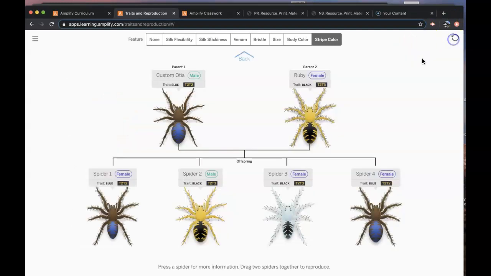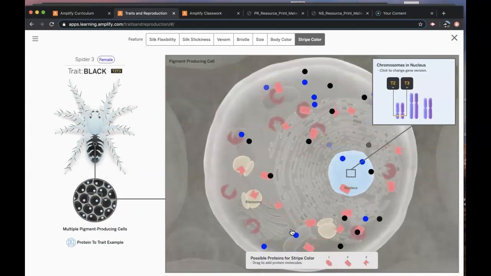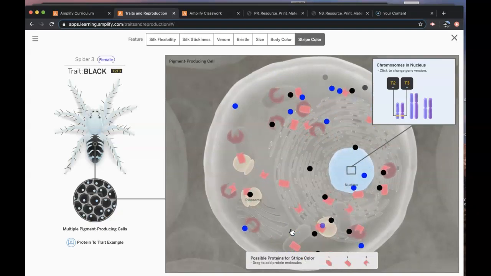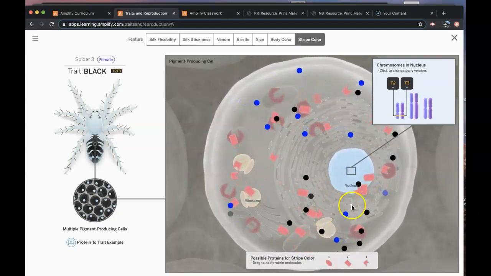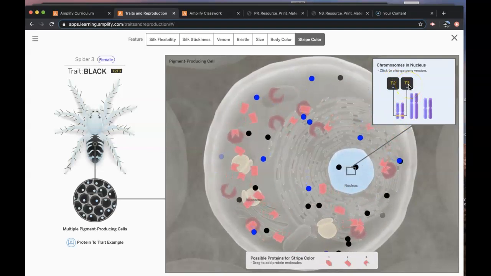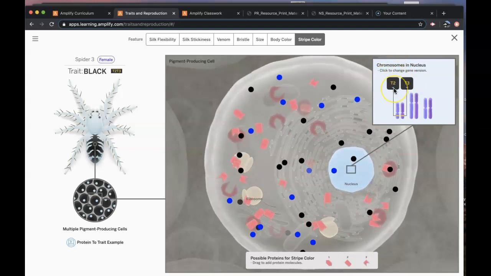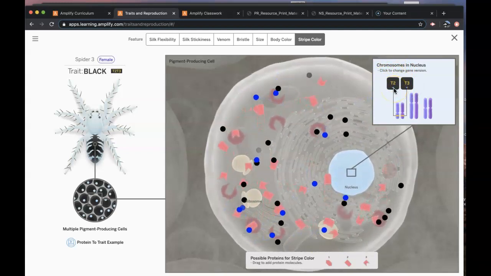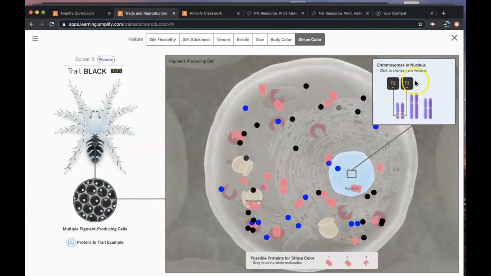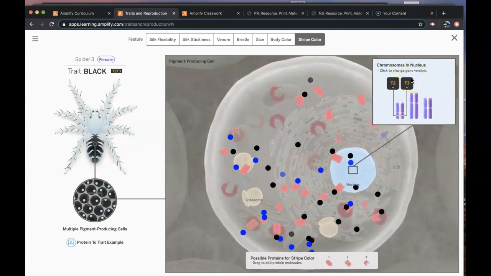All right, now I'm going to click on a spider with a black stripe, and we can see that the spider has 2 different versions of the gene. It has the T2 and the T3. T2 came from Otis, because remember Otis had 2 T2s, and T3 came from Ruby, because Ruby had a T2 and a T3, so T3 had to have come from Ruby.